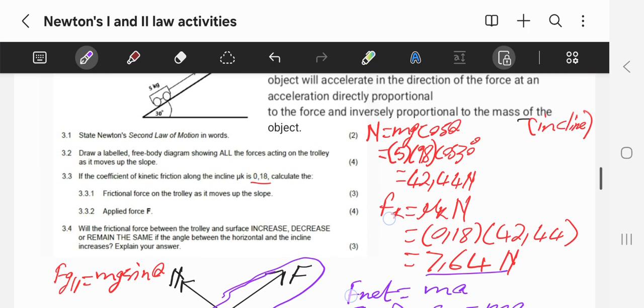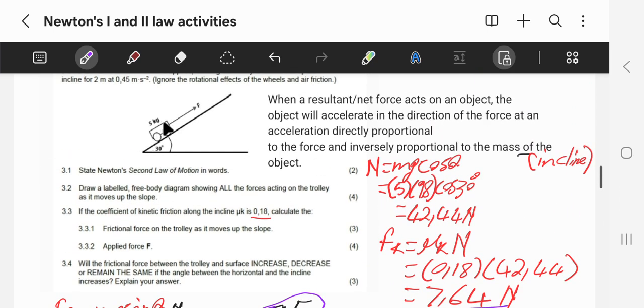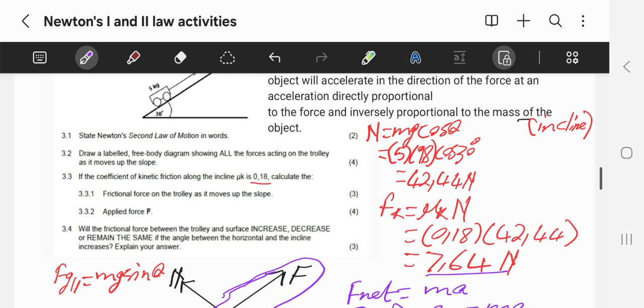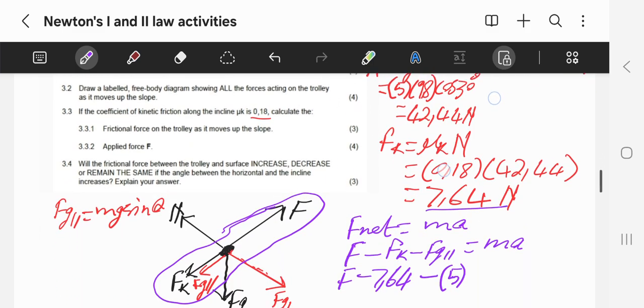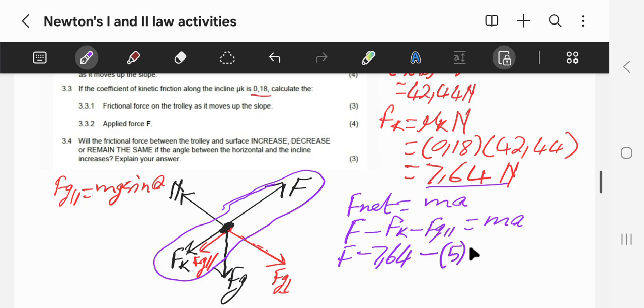If you forgot that, there it is, it's 5. And we also have our angle. Our angle theta is still this 30, so we will have 9.8 there for our g. Then we will have sine 30 degrees. All of this will be equal to 5 multiplied by the acceleration.